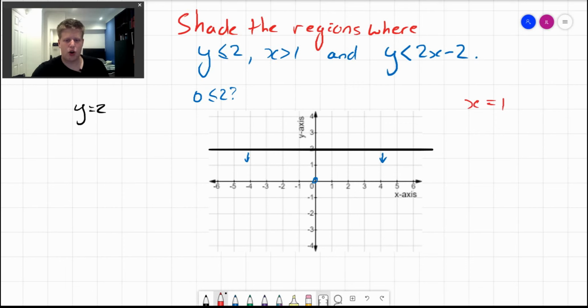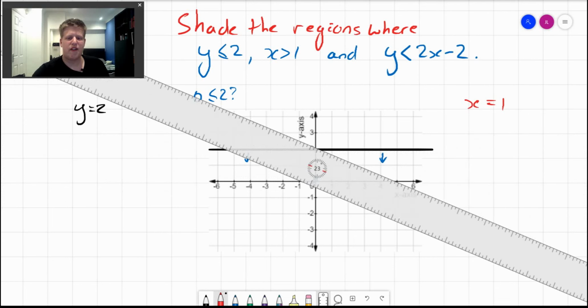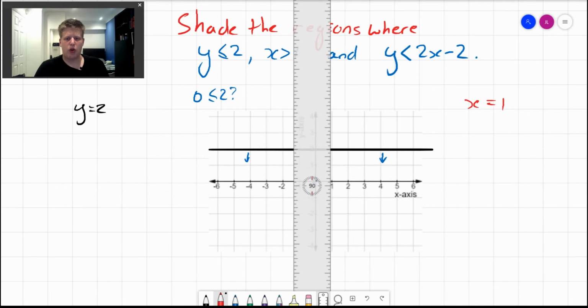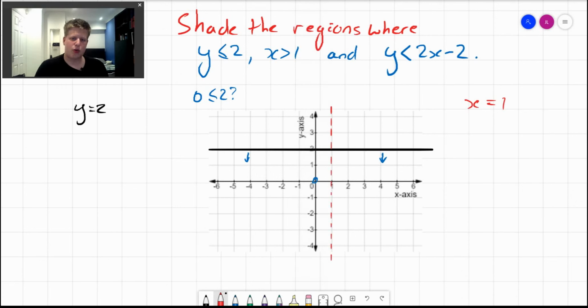Well, instead of being a horizontal line, we're going to get a vertical line. Along this line, all the x-coordinates are 1, but because it's a strict inequality, we've got to do a dotted line. Now, x is greater than 1, well, using our point (0, 0), is 0 greater than 1? No, so this is not in our region, so we're looking at this region here.